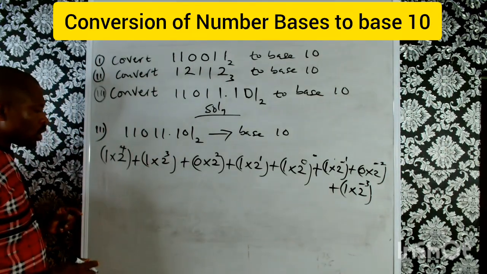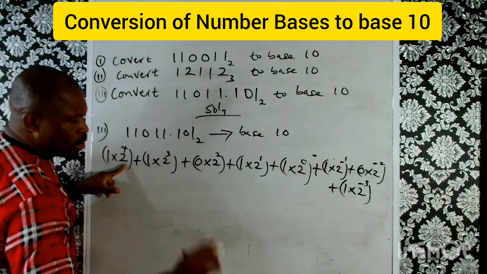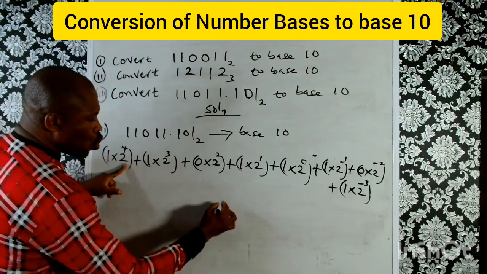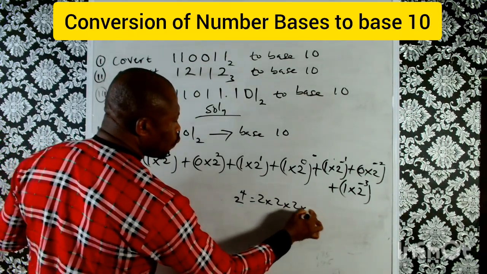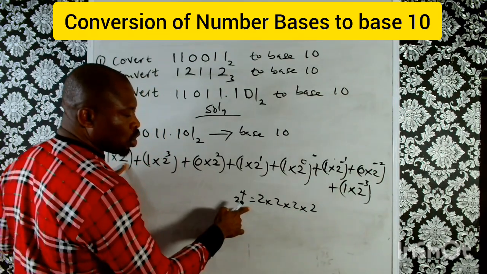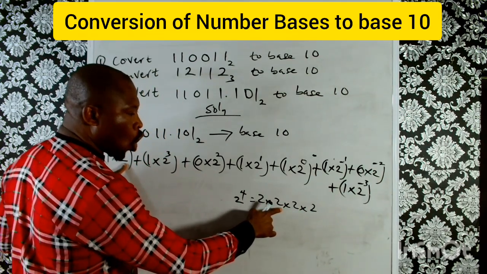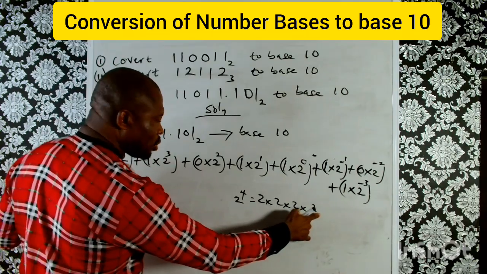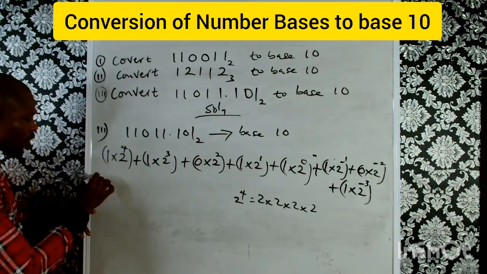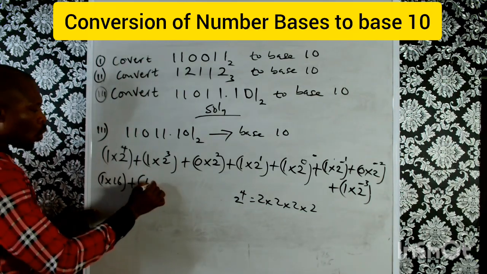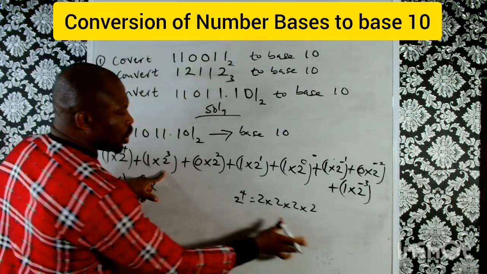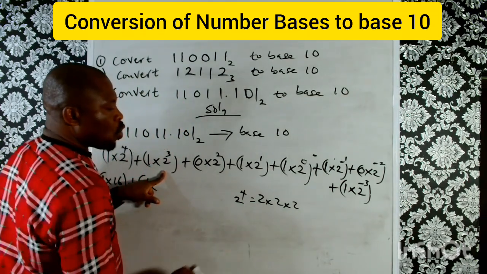Just like we saw earlier, 2 raised to power 4 is 2 times 2 four times: 2 times 2 is 4, 4 times 2 is 8, 8 times 2 is 16. We have 1 times 16 plus 1 times 2 raised to power 3.